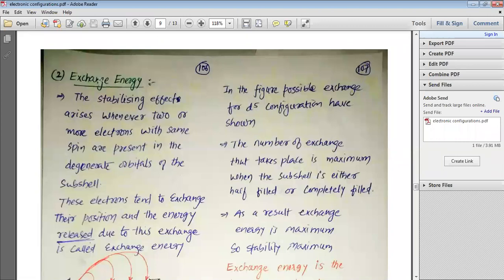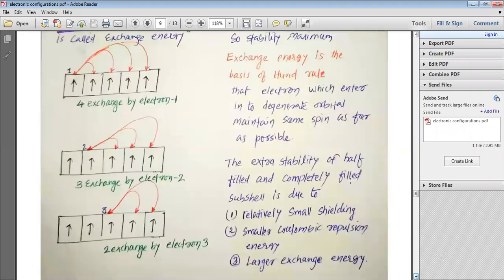Then we have the exchange energy. The stabilizing effect arises whenever two or more electrons with the same spin are present in the degenerate orbitals of the subshell. These electrons tend to exchange their position, and the energy released due to this exchange is called the exchange energy. You can see, my dear students, that we have 5 electrons filled into these d orbitals.